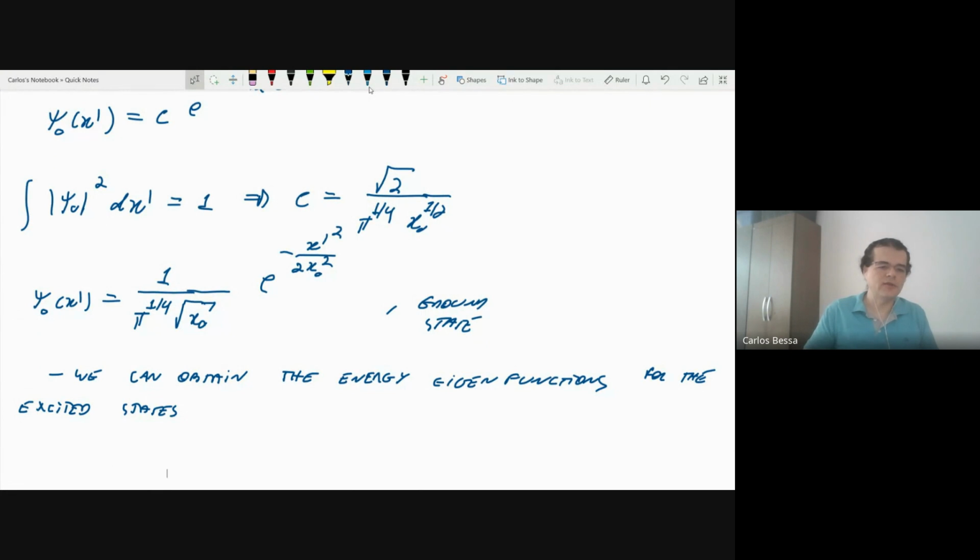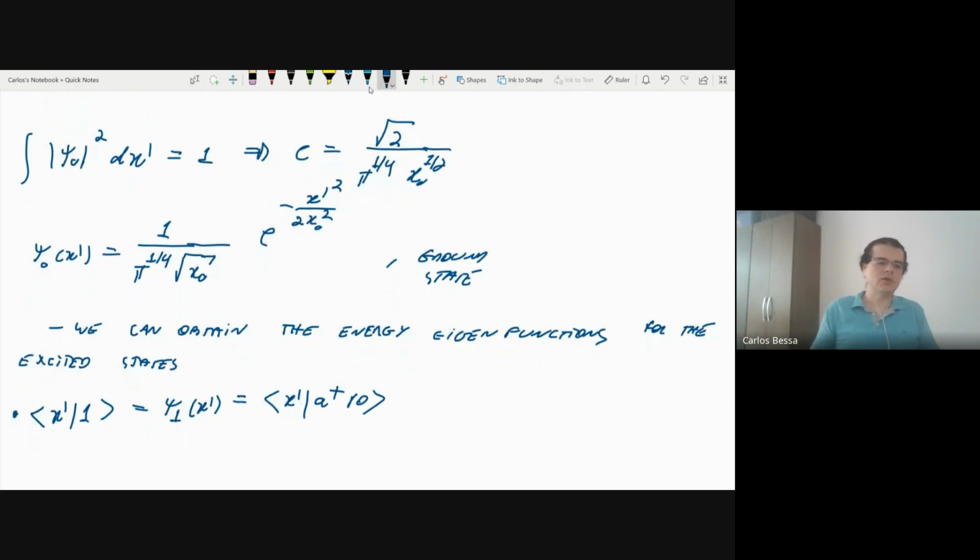So just defining this state, x prime 1. This is psi 1 of x prime, which is just x prime 1. One state is just a dagger 0.